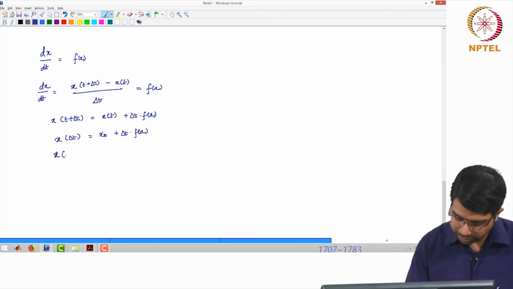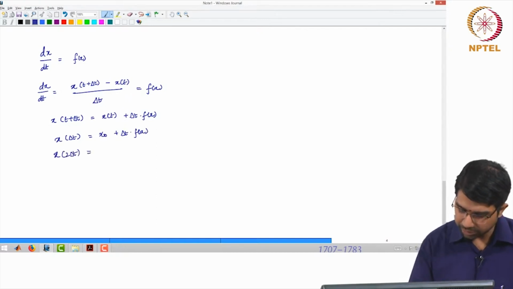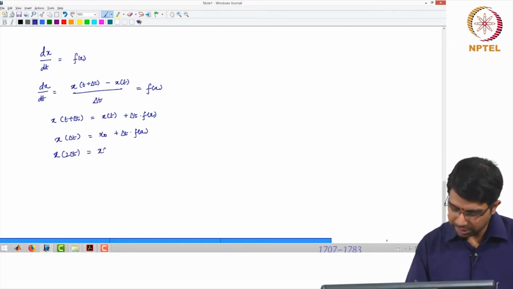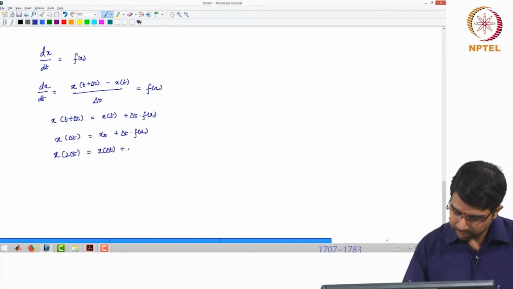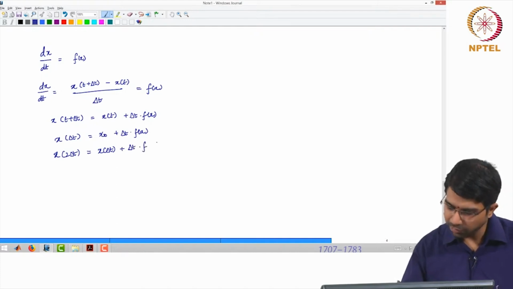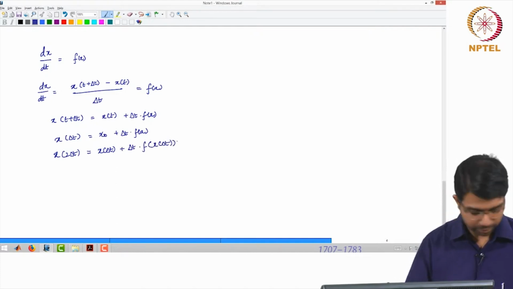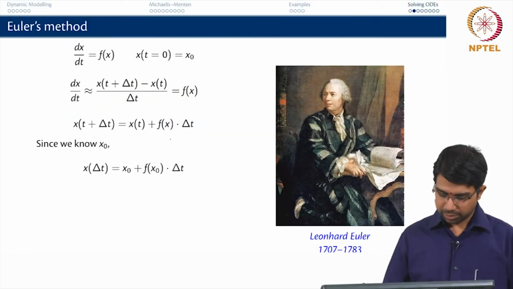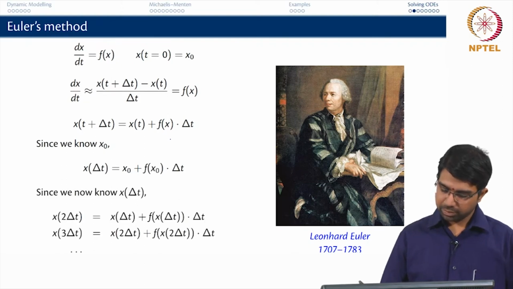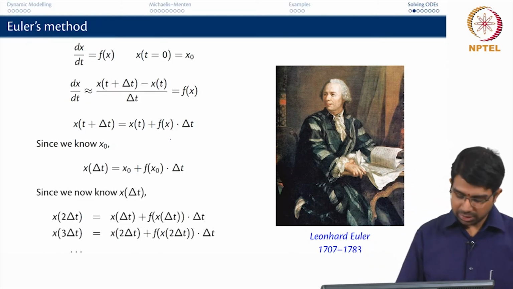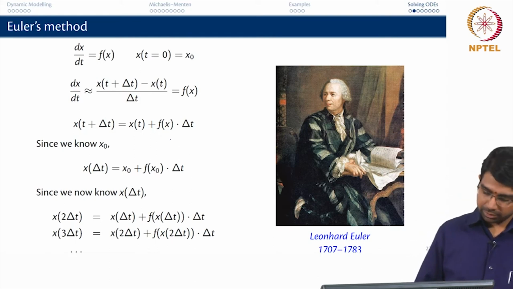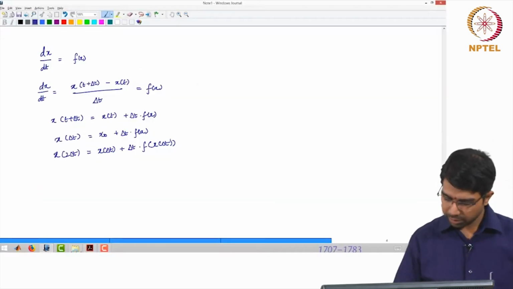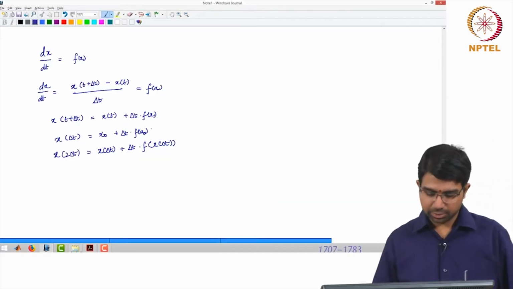X of 2 delta t will be x of delta t plus delta t into f of x of delta t, and you can just extend this, starting from x naught.